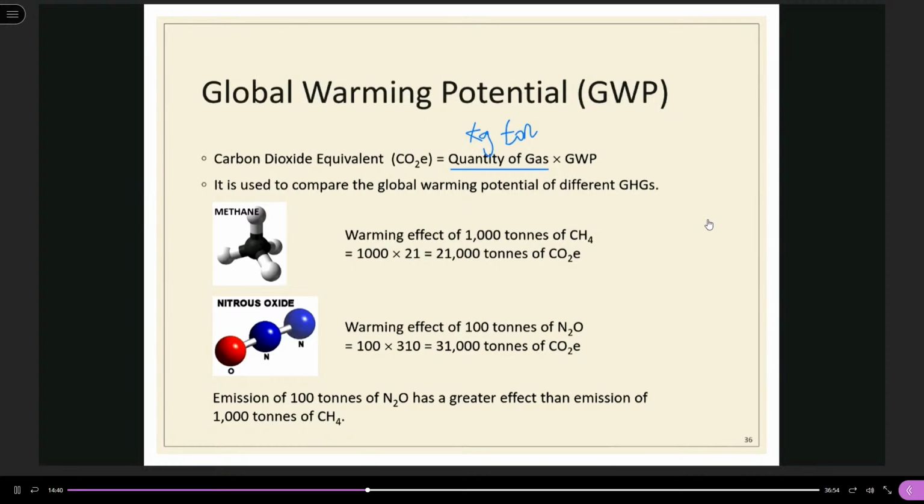For example, 1,000 tons of methane is equal to 21,000 tons of carbon dioxide equivalent, and 100 tons of nitrous oxide is equal to 31,000 tons of carbon dioxide equivalent. So nitrous oxide has an even higher global warming potential than methane and carbon dioxide.